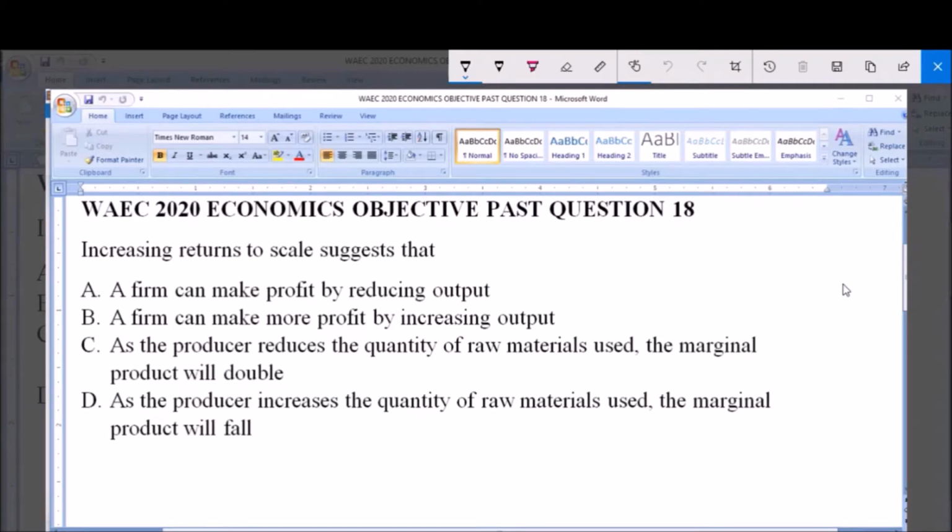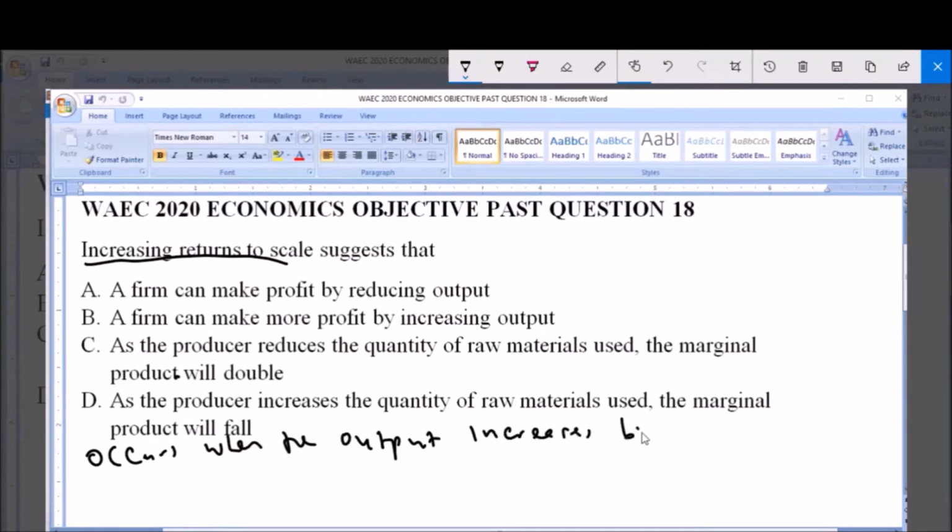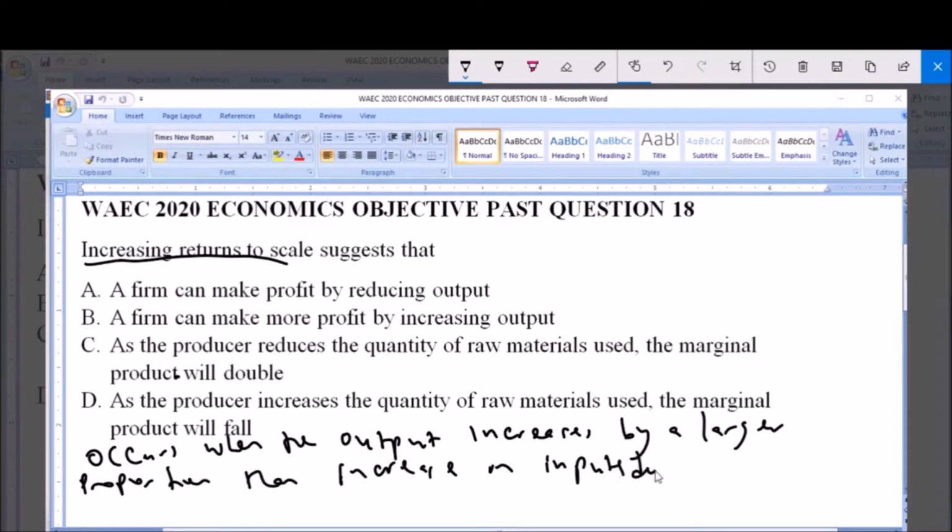So the concept we're looking at here is increasing returns to scale, and increasing returns to scale occurs when the output of a particular firm or business increases by a larger proportion than the increase in inputs during the production process.